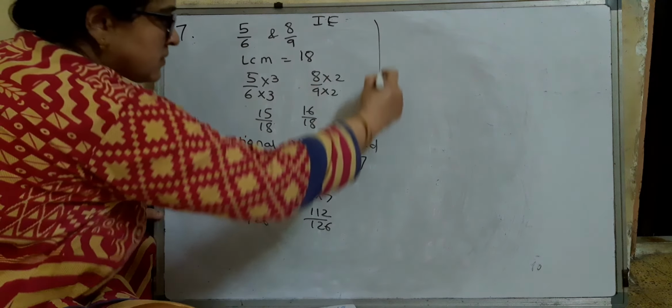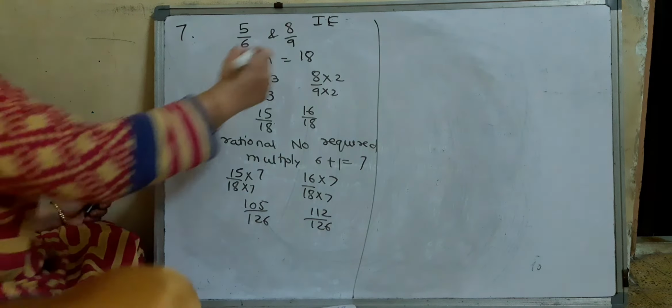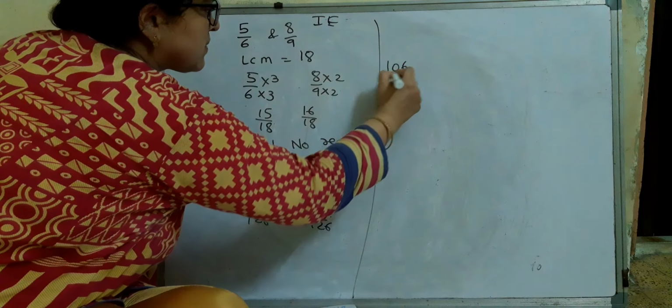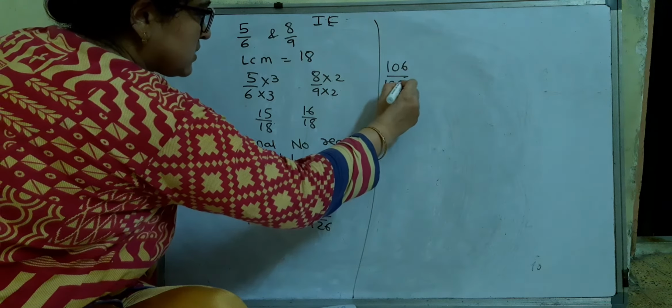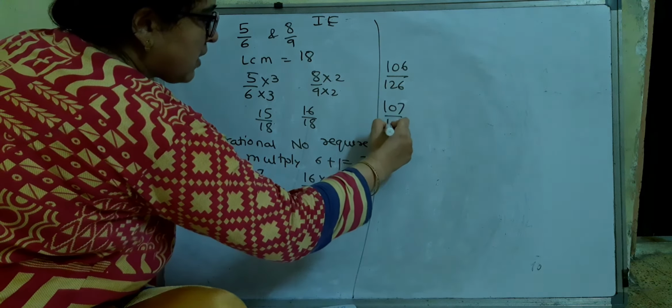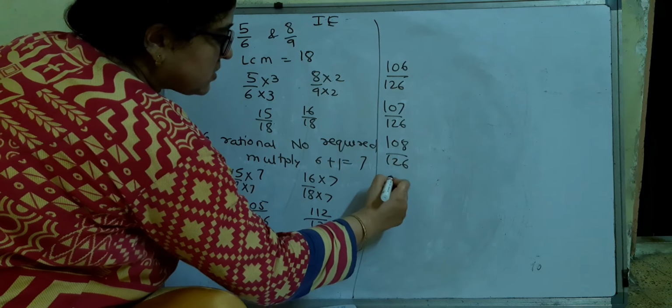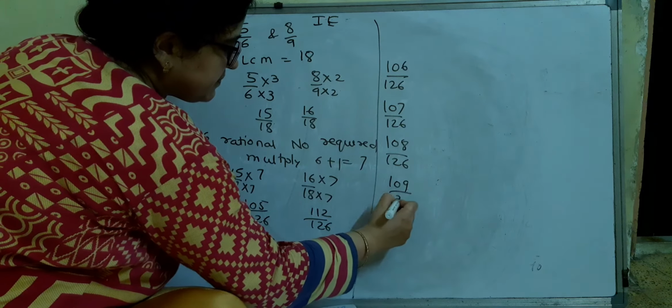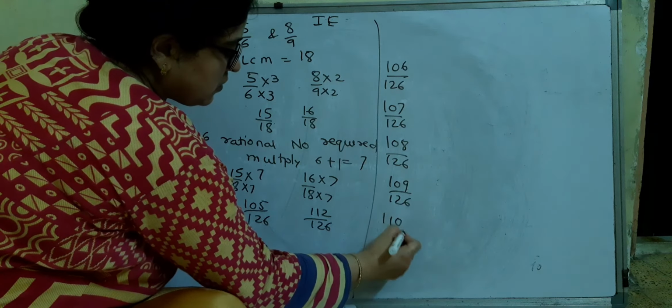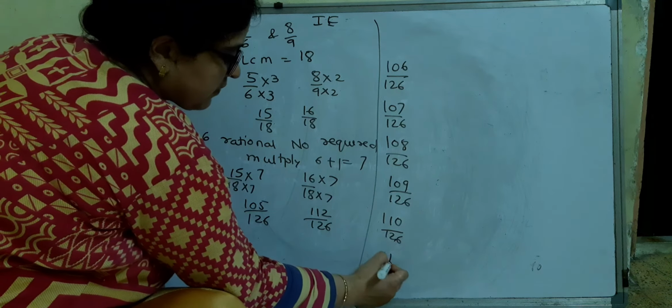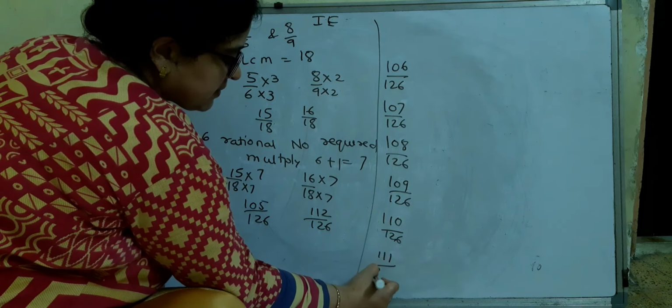So first 106 upon 126, 107 upon 126, 108, 109, 110 and 111. Now cutting down.